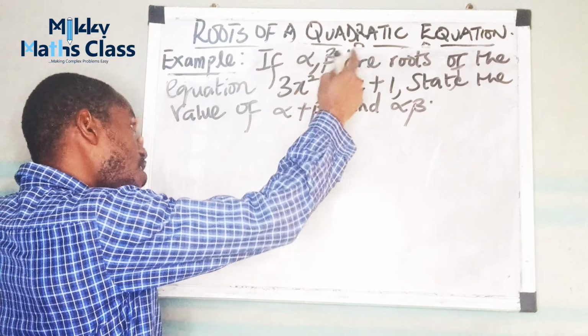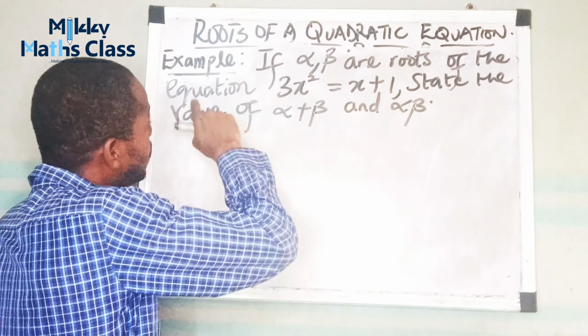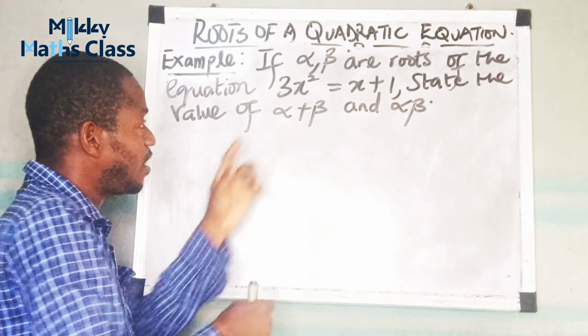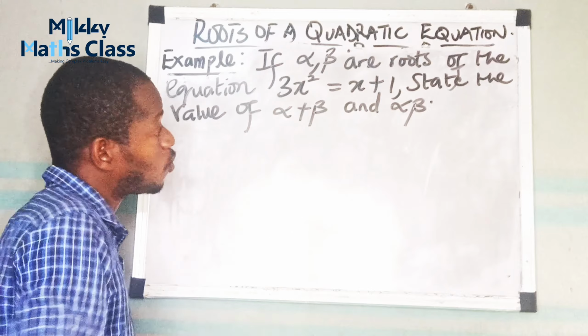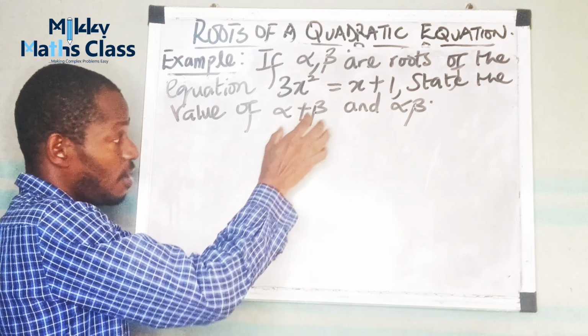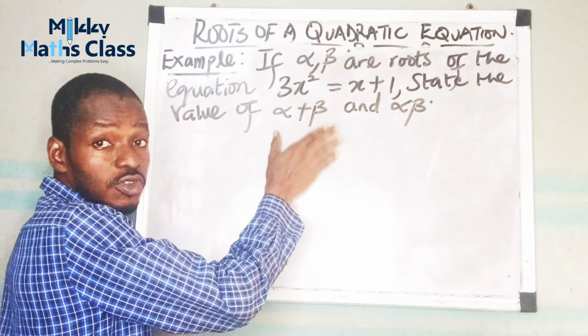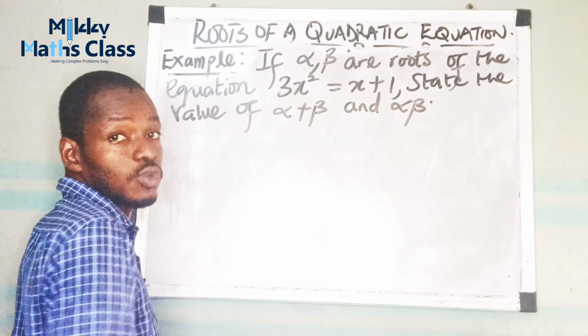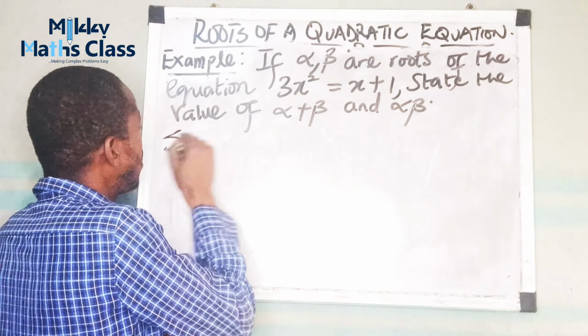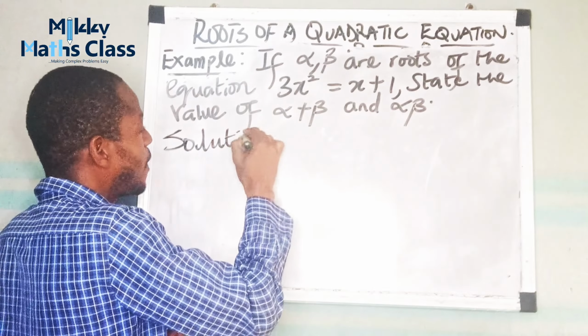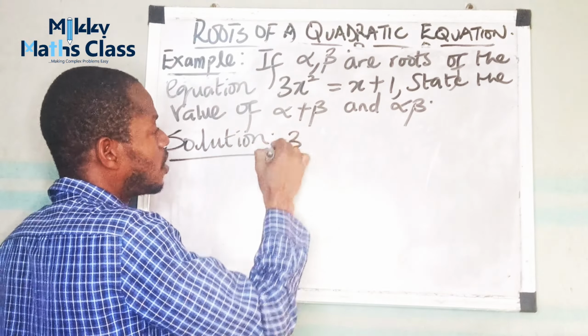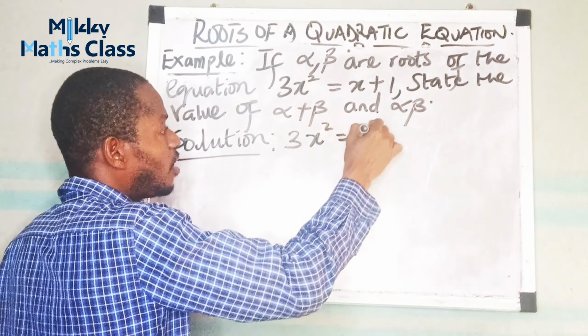It says if alpha, beta are the roots of the quadratic equation 3x squared equals x plus 1, state the value of alpha plus beta, and alpha beta. That means we should find the sum of the roots and the product of the roots. So the first thing we do, our quadratic equation is 3x squared equals x plus 1.